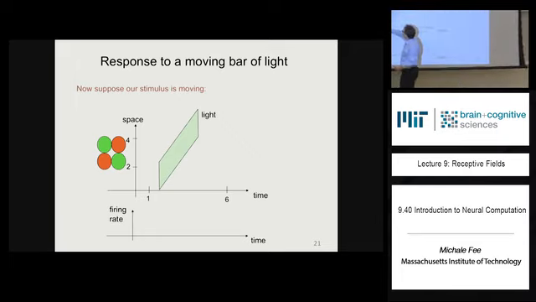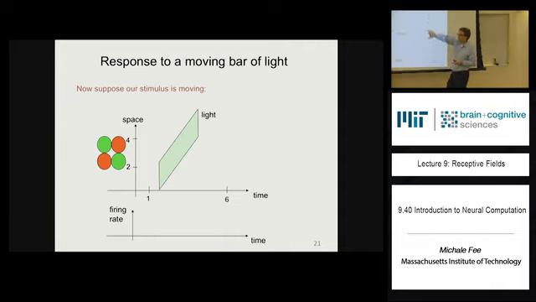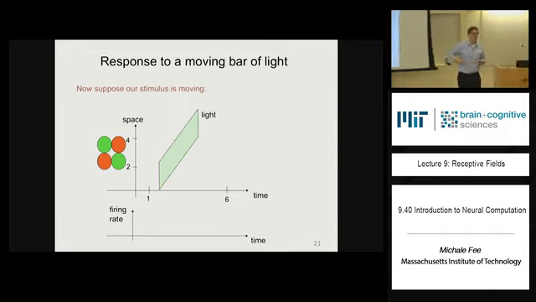So we've turned a bar of light on here, sort of between 0 and 2, and then we slide it up over the course of a few seconds. Okay, so we've turned a spot of light on, and then we move it up. Okay, off. So it's a spot of light that turns on, moves, and then disappears.